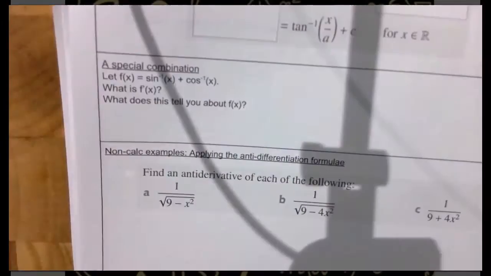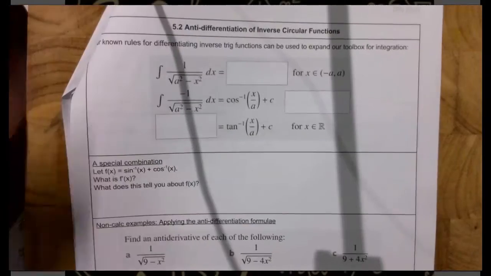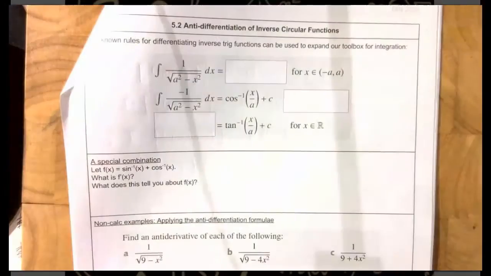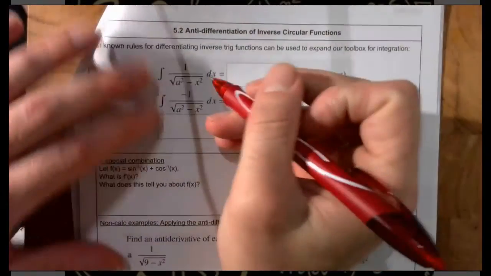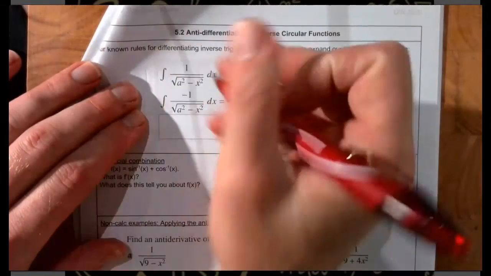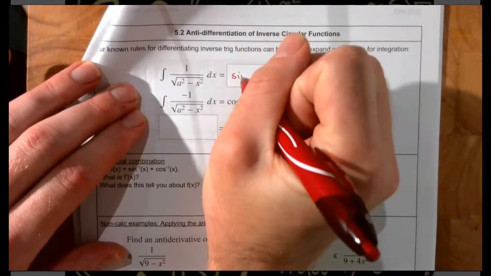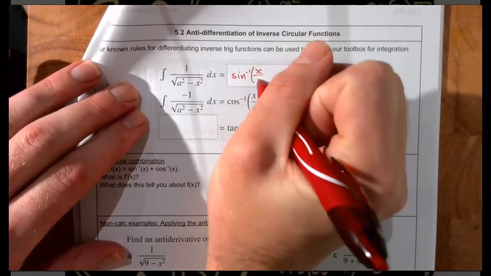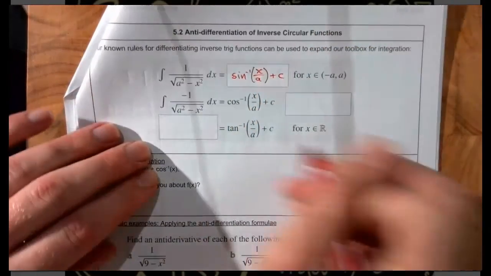So just looking at the bottom of that page there, where are we? The first one, well, using our previous results, this must be sine inverse of x over a plus c.